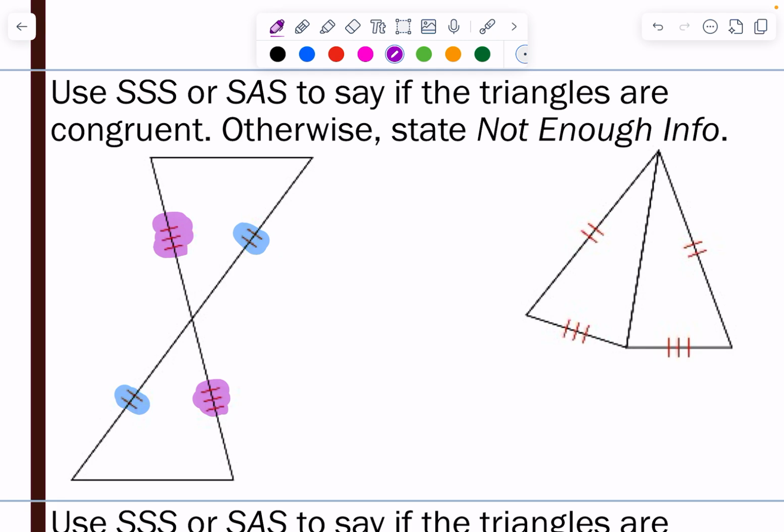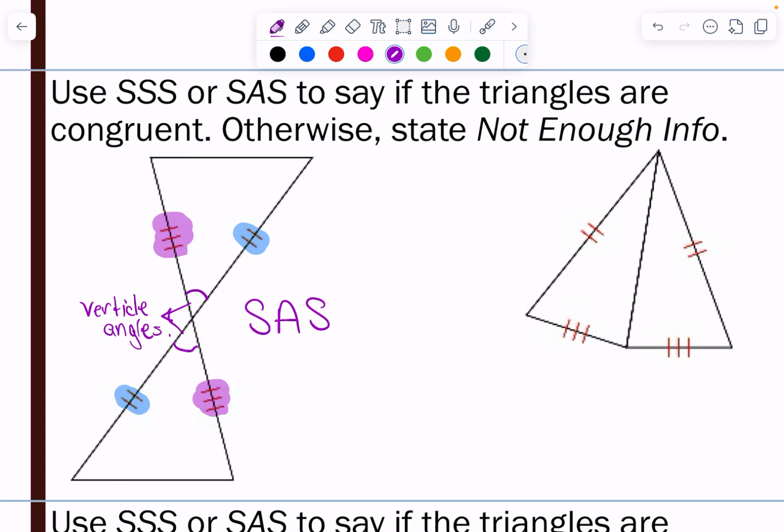And the answer is yes, because we know that this angle would have to be congruent to that angle because they are vertical angles. Okay, so since those are vertical angles, we know that those two triangles would have to be congruent by side, angle, side.